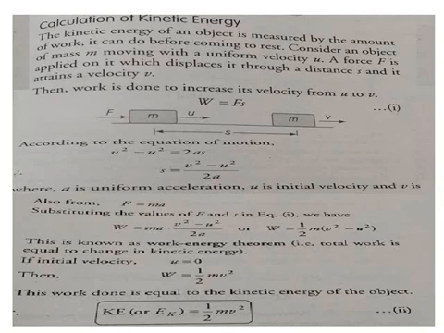Force has a formula F is equal to ma, and s is equal to v square minus u square by 2a. We get this from the second equation of motion. So substitute both these values and simplify, and finally substitute the value of u equal to 0. We get very easily that the kinetic energy is given by the equation half mv square.